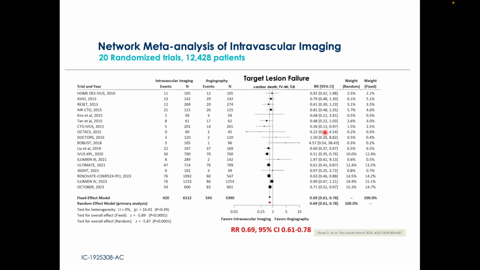Now, this is a meta-analysis of 20 randomized controlled trials involving 12,428 patients who underwent IVUS guided intervention versus angio guided intervention, and this involves trials up to year 2023, and it has shown consistently favoring IVUS imaging over angio alone.